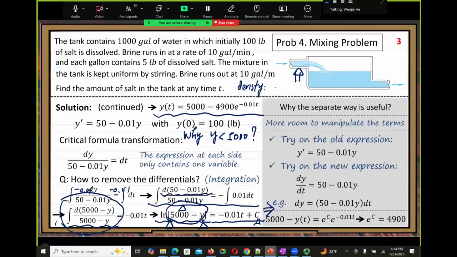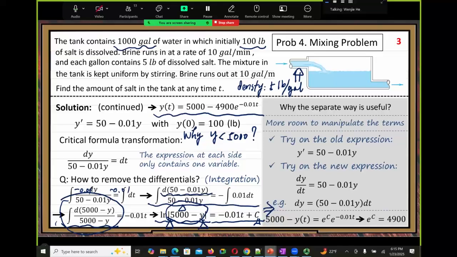Density of the inflow brine, 5 pounds per gallon. Then let's look at the density in the tank at the initial point. What's that density? Good, 1 over 10, because 100 pounds over 1,000 gallons.